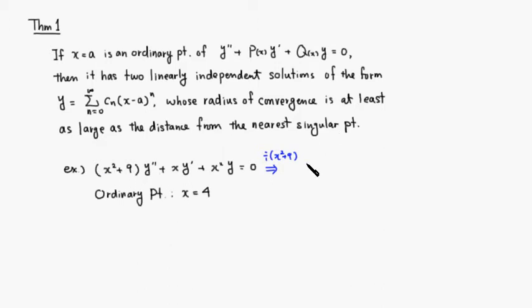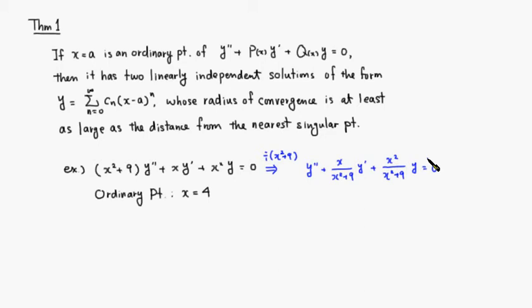So you have y double prime plus x over x squared plus 9 y prime plus x squared over x squared plus 9 y equal to 0.